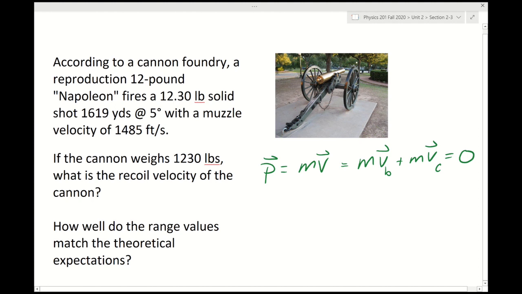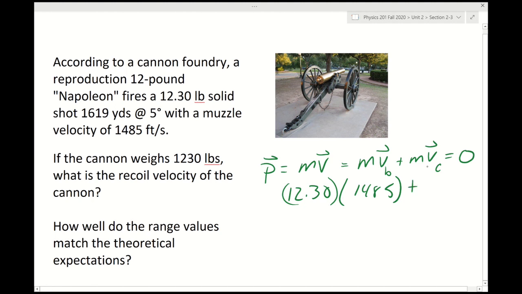Now looking at this, we know that the mass of the ball is 12.3 pound equivalent. We know that the speed is 1485.